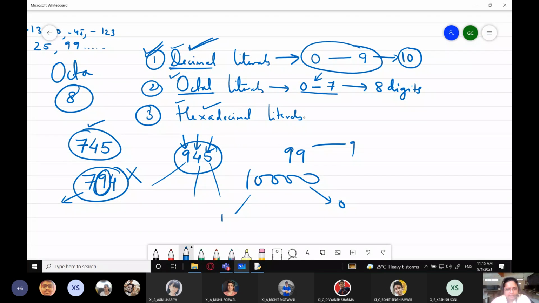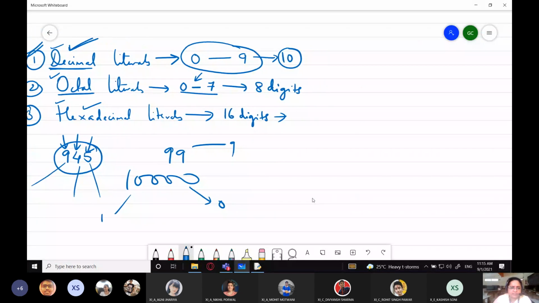Coming to the hexadecimal literals, they are made out of 16 digits. We can use any combination of 16 digits. What are they? 0 to 9 and A to F. Now, what are these A to F? Capital A represents the digit 10.